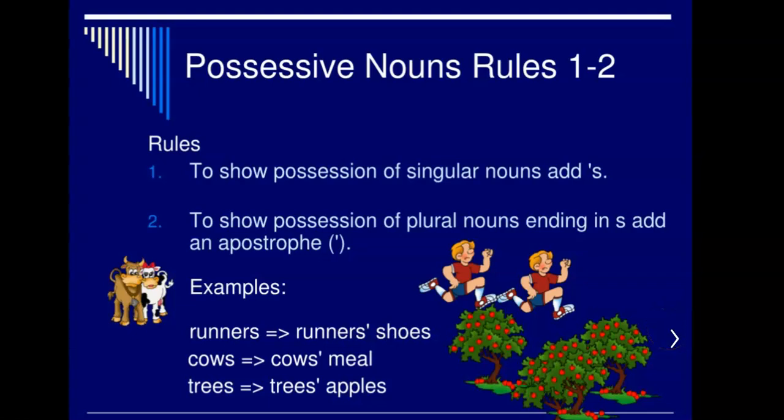The second one, to show possession of plural nouns ending in s, add an apostrophe. For example, runners' shoes, cows' meal, trees, apples.